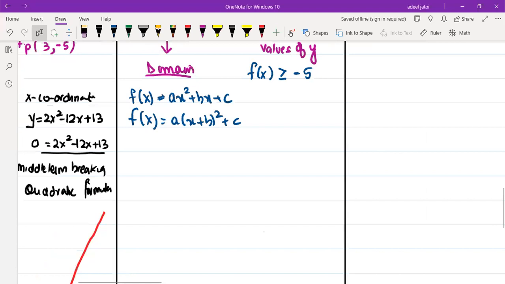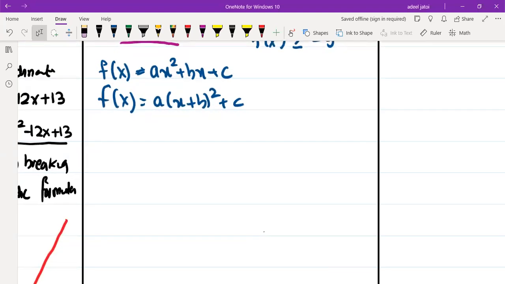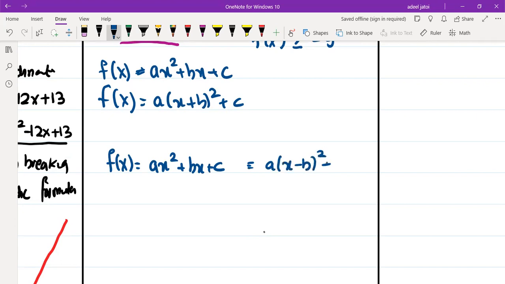So when we talk about f(x), this is known as ax square plus bx plus c. This can be used as a(x minus b) whole square plus c, or a(x plus b) whole square plus c.